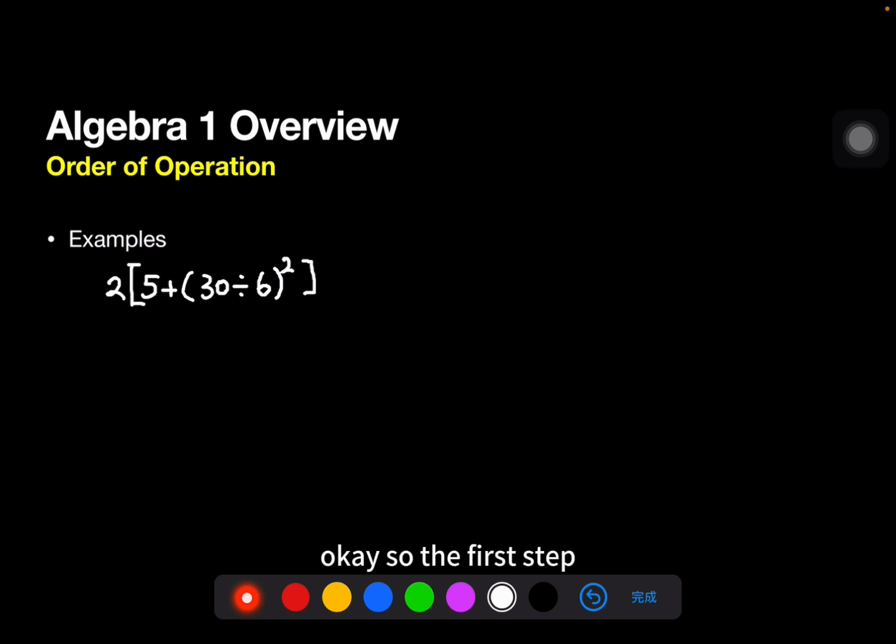Okay, so the first step, we are going to calculate everything inside the parentheses first. So here, 30 divided by 6 is inside the parentheses, so we will do it first.